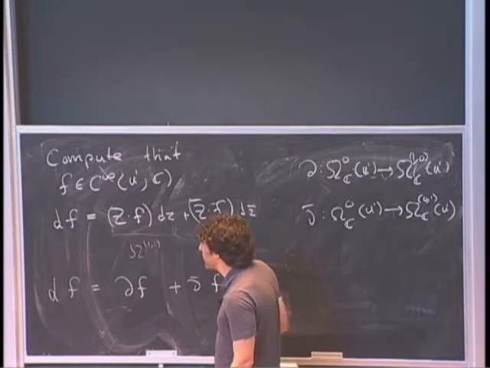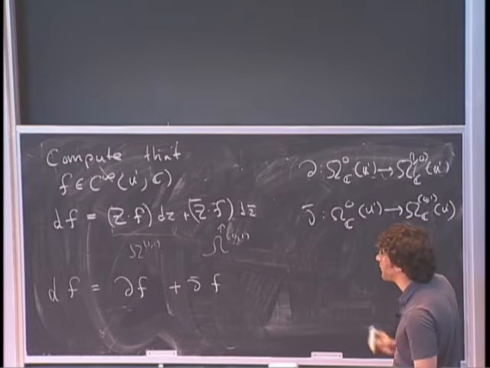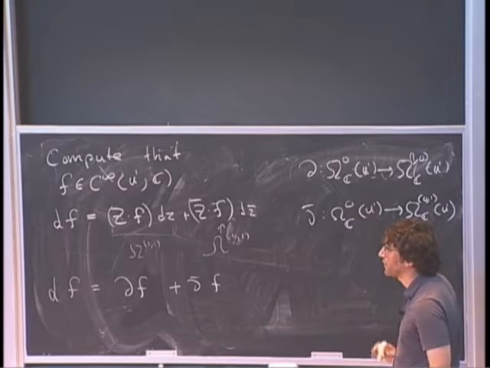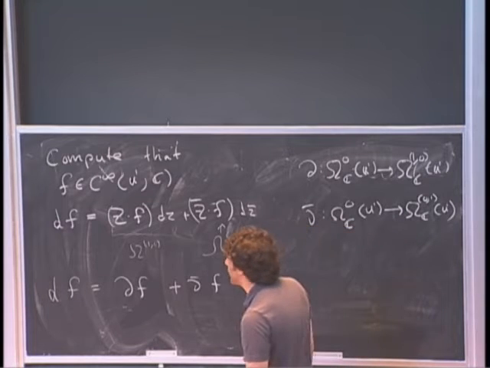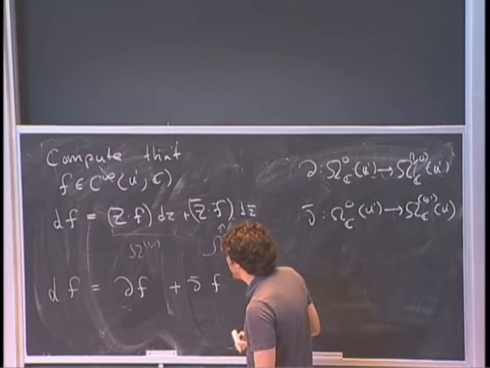Again, we want to see if this makes sense on a Riemann surface. And again, the main thing we need to do is check that under a holomorphic change of coordinates, this formula still makes sense.